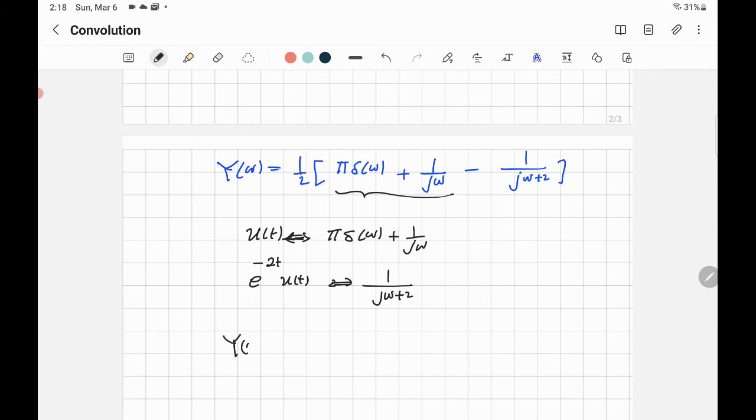So you can say Y of omega will be equal to 1/2, and the first two terms will be equal to what we got here, which is u of t. Sorry, now we are finding the inverse.